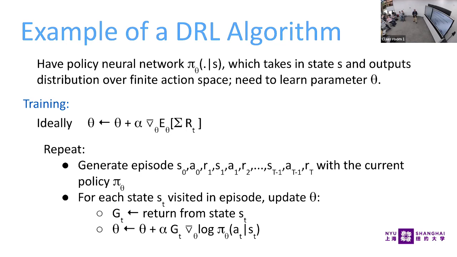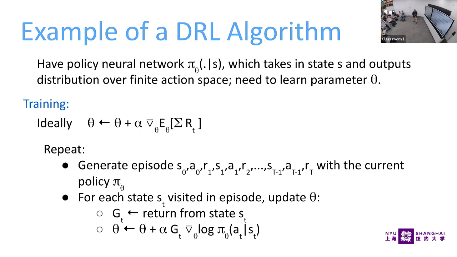And here, this is the expected return. There's no discounting in this equation, no need for discounting. Let's just say that the task is of finite length. It's an episodic problem, which comes to an end, like playing a game of chess will come to an end.